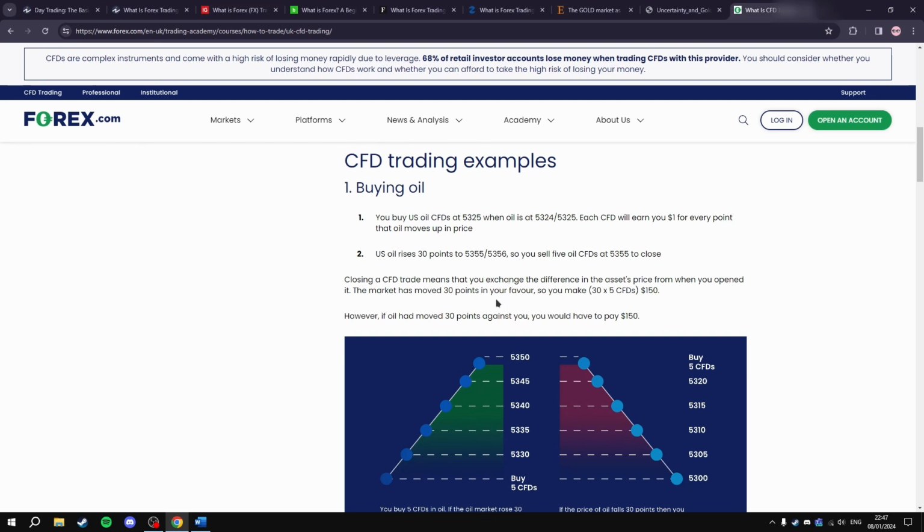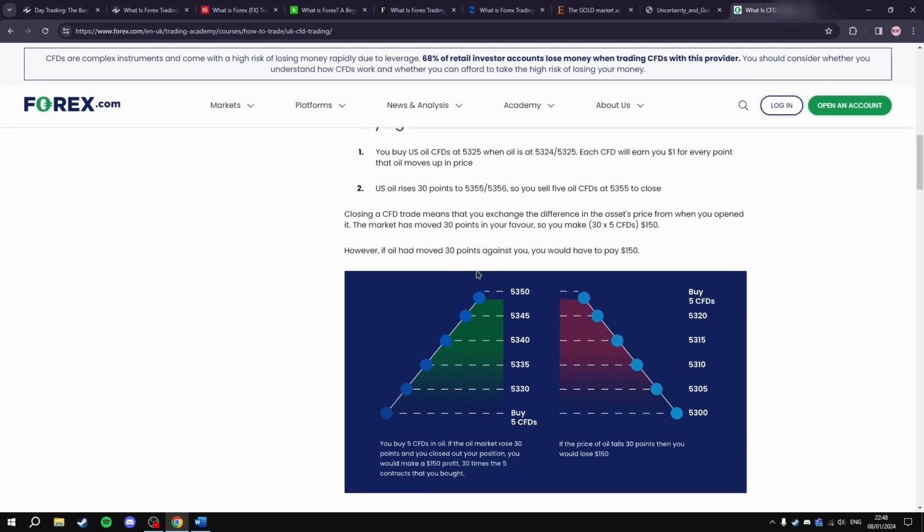Closing a CFD trade means that you exchange the difference in the asset's price from when you opened it. The market has moved 30 points in your favour, so you make 30 times 5 CFDs, which is $150.